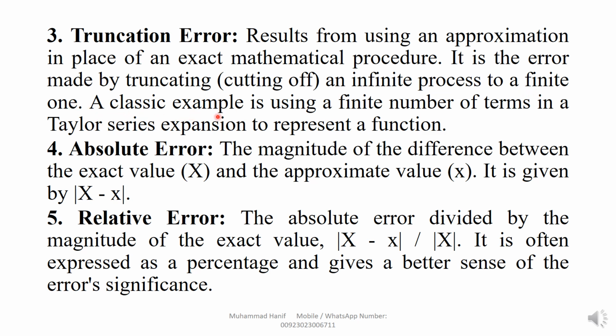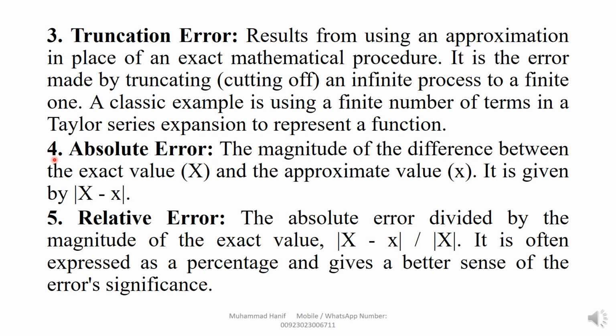A classic example is using a finite number of terms in a Taylor series expansion to represent a function. Now you can see truncation error, this very simple example is given. First you read and understand carefully what it is defined.